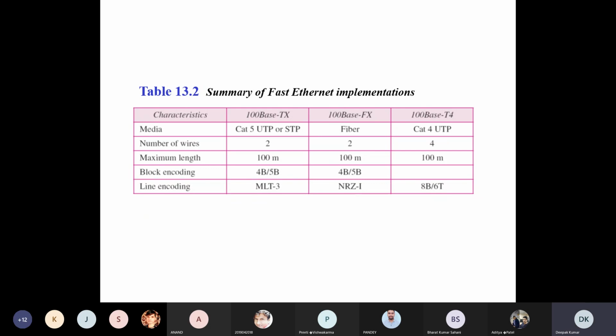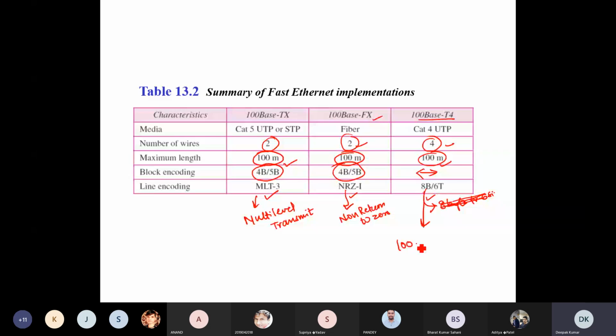Basically this is a mathematical calculation. This converts 100 to 75, that is, 100% to 75%. That's why it is 6 to 8: 100 multiplied by 6 by 8, you will see this is 75%.